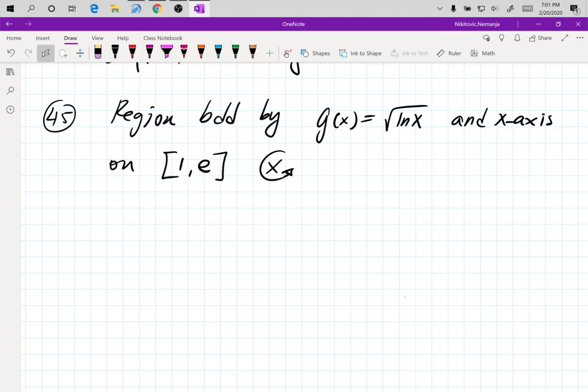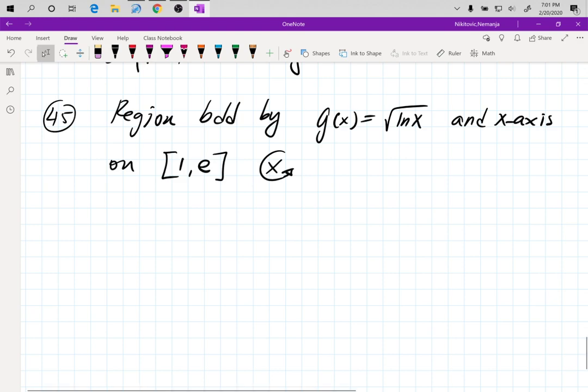For that we have our dear friend Desmos. And 1 to e is roughly 1 to 3; at e, ln e is 1. So you plug in 1, that's 0, so 0 to 1 on y.